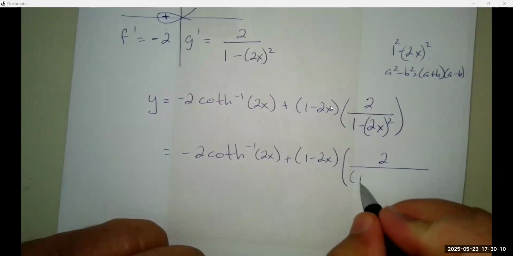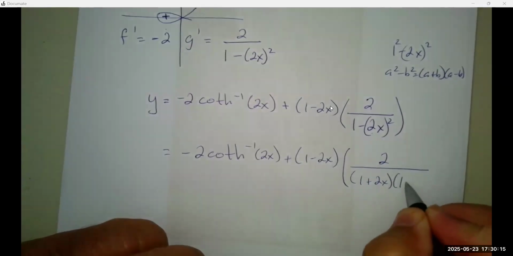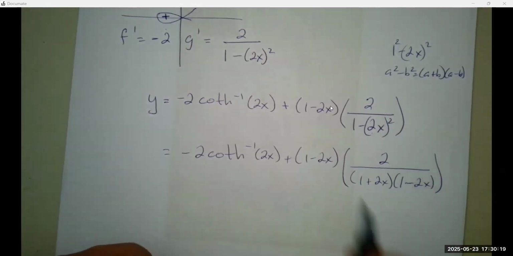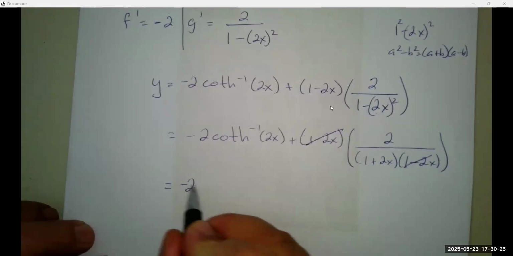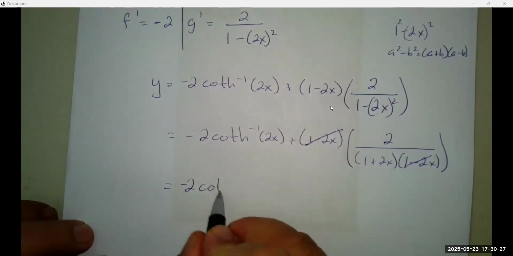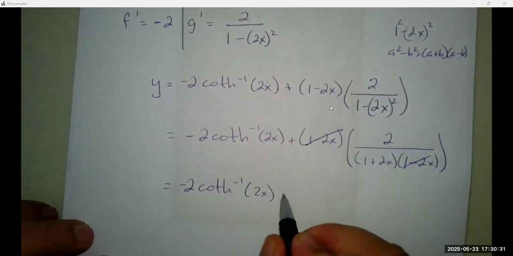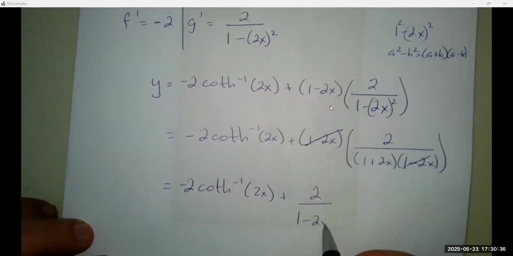So it's going to be 1 plus 2x times 1 minus 2x. Since they're multiplied, this and this cancel, the 1 minus 2x cancel, which leaves us with negative 2 inverse hyperbolic cotangent of 2x plus 2 over 1 minus 2x.